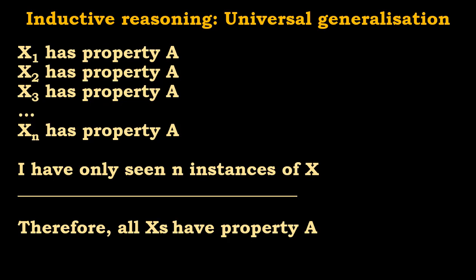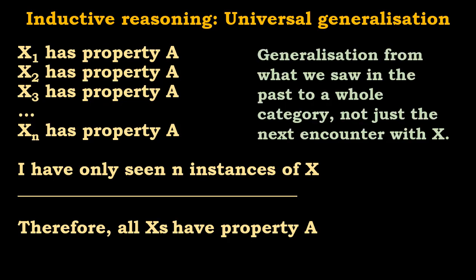Therefore, all x's have property A. So instead of just saying that the next time I encounter an x, I will observe property A, we are saying that all instances of x have property A.